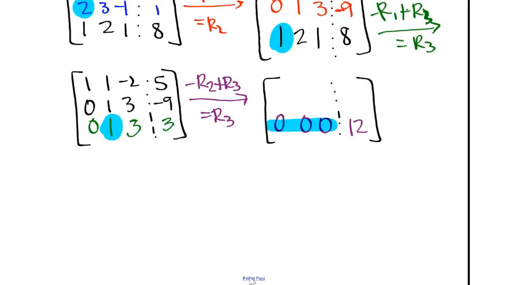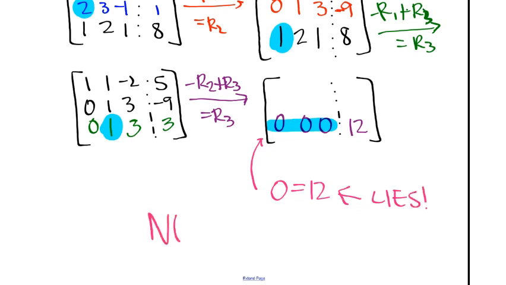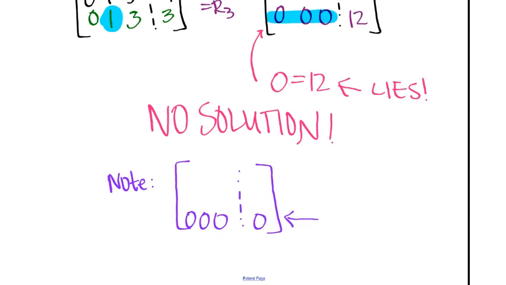So even before we fill in that top part, what that bottom row is saying is that 0 equals 12, which is false, which means that this has no solution. Now, just on another note, if you get a whole row of zeros on the bottom, this means that it would be all solutions or infinite solutions.